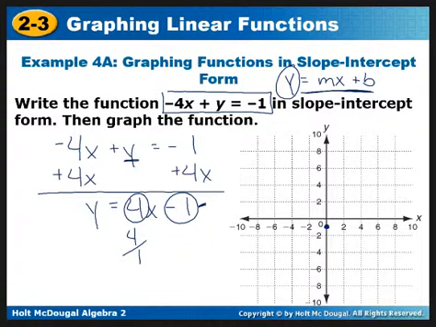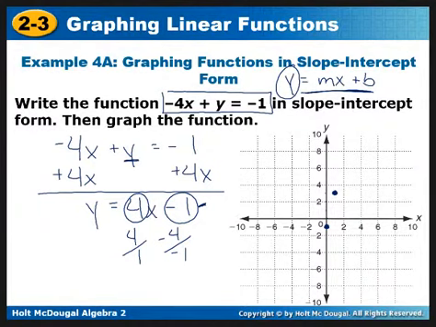So my rise is 4, my run is 1. So what I'm going to do is go up 4 units, 1, 2, 3, 4, and I'm going to go in a positive direction 1 to find my first point. And again, remember, if you have a positive slope, that also means that you could technically have negative over a negative.